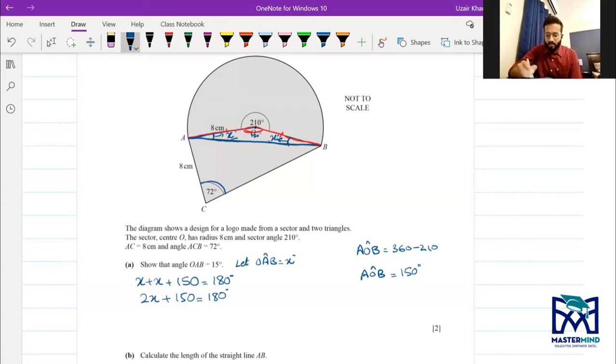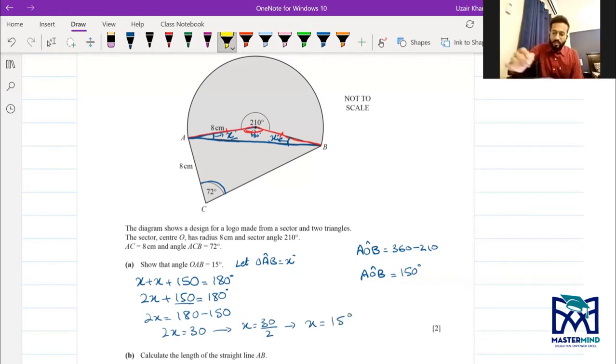I'm going to shift 150 to the right. So that leaves me with 2x equals 30. And I'm going to solve it over here. x is equal to 30 divided by 2. And that leaves me with x as 15.